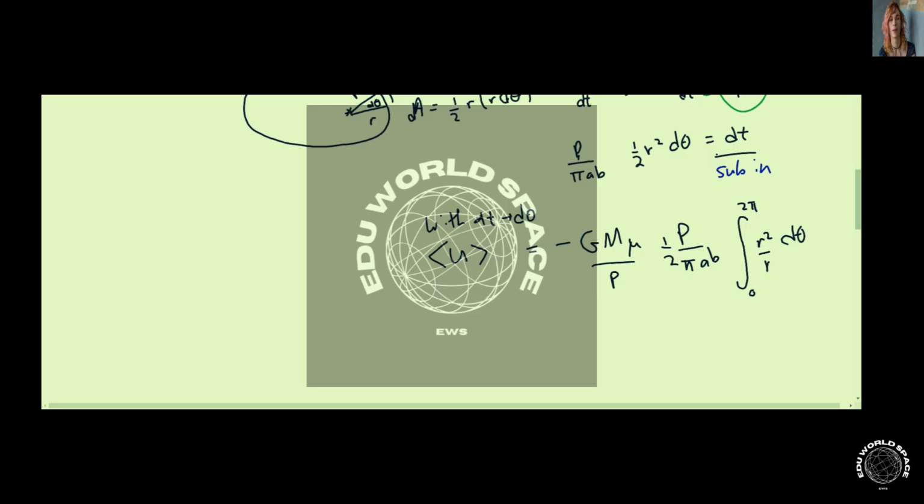So notice that one of the r's disappears, and we now have r integrated in the numerator. There's some other stuff that disappears. The period disappears. So we can clean this up a little bit. Minus g, product of the masses. We still have 2 pi ab downstairs. You'll see what happens to those.